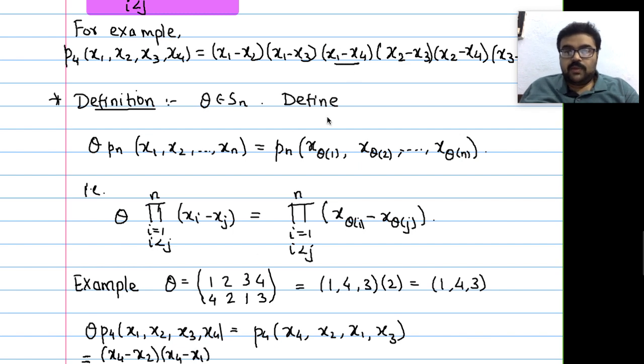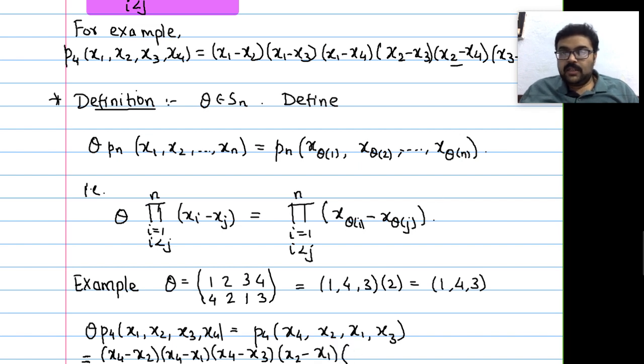Then it is x1 minus x4. But x1 is x4, because 1 goes to 4 here, and x4, 4 goes to 3. So it is x4 minus x3. Then x2 minus x3. x2 is not changing because the image of 2 is 2, so x2 is the same, and x3 has become x1, so x2 minus x1.